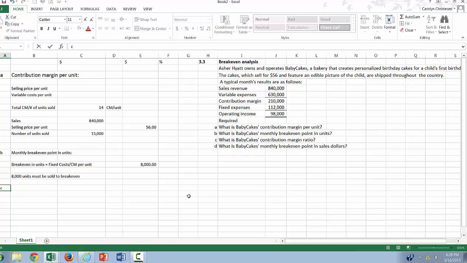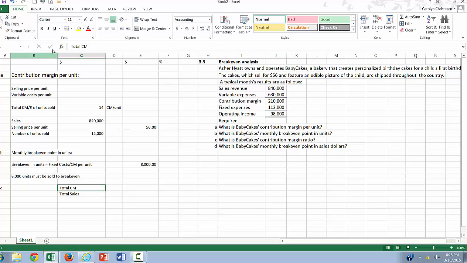Okay. Next, they want to know, what is Babycakes' contribution margin ratio? So we have two choices to calculate that using either the total contribution margin and total sales, or contribution margin per unit and selling price per unit. So let's do both. All right, so our total contribution margin divided by total sales.